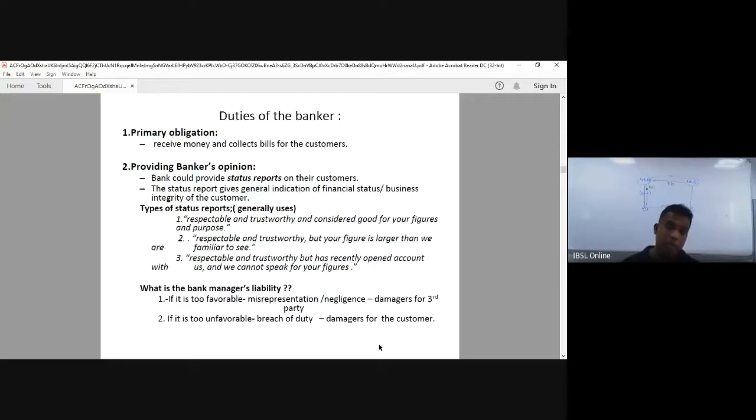Now HNB says the customer is trustworthy. That means the customer has not defaulted, right? He's a trustworthy customer, and also good for your figure and purpose. So for your investment and your figure, we say it's good.